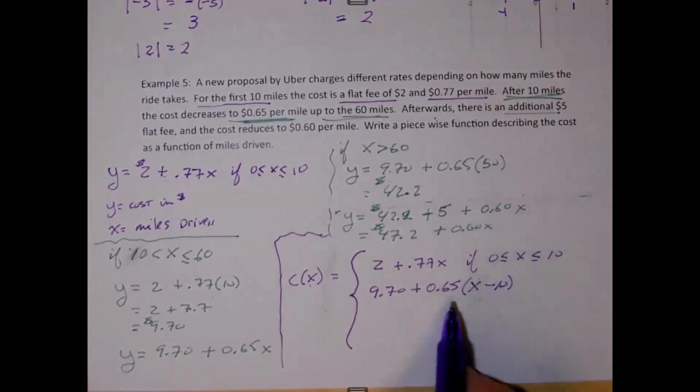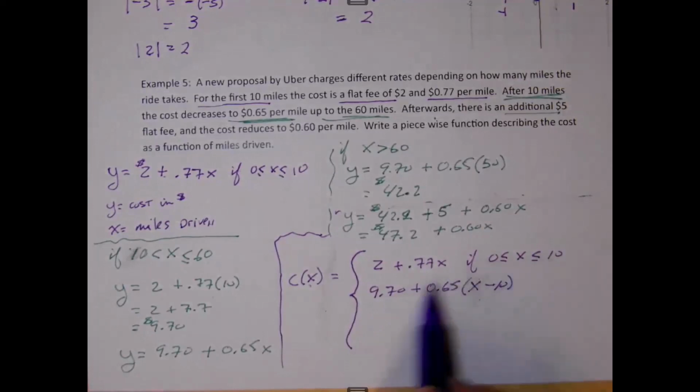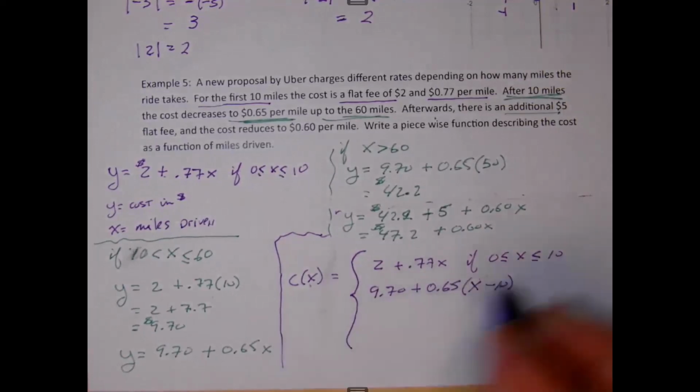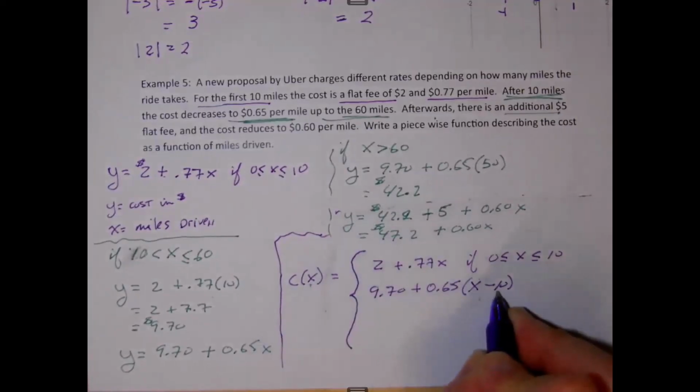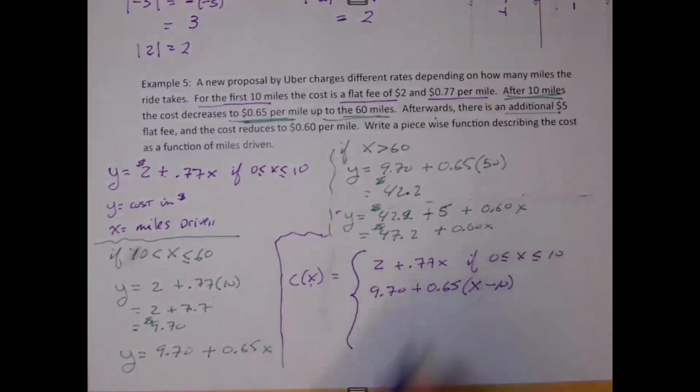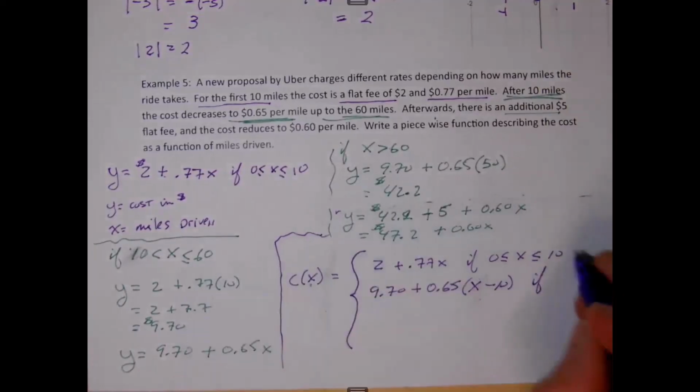So once I start using this function, I have to remember that I have this 970 already accounting for the first 10 miles. So if I enter 12, I need to subtract 10 and just get charged for the extra 2 miles beyond the 10. So this is true if x is, this is the one I mentioned.